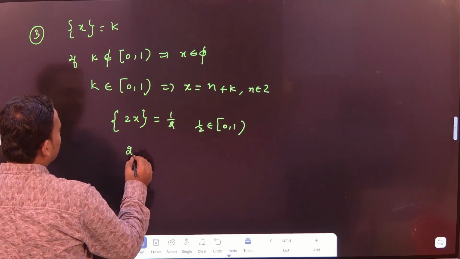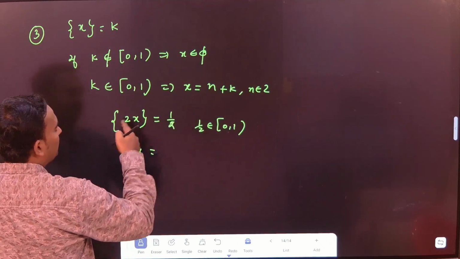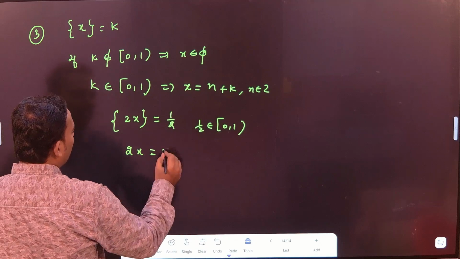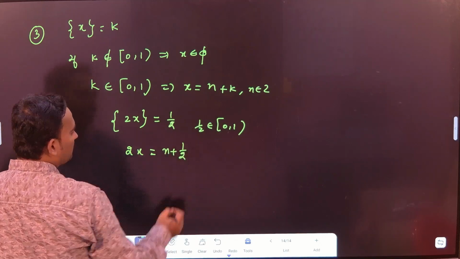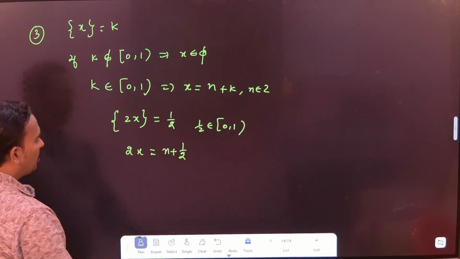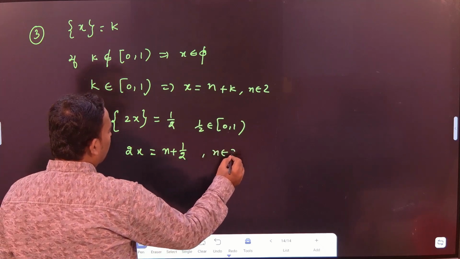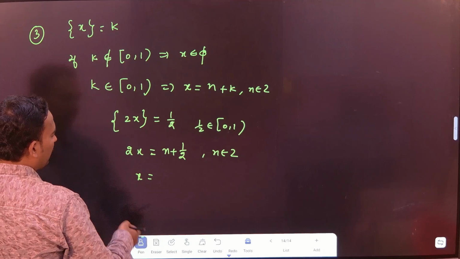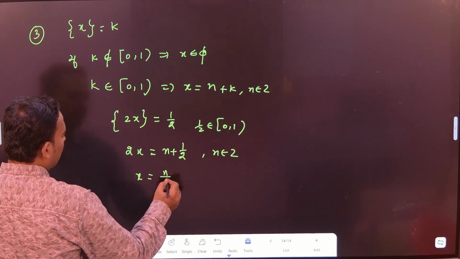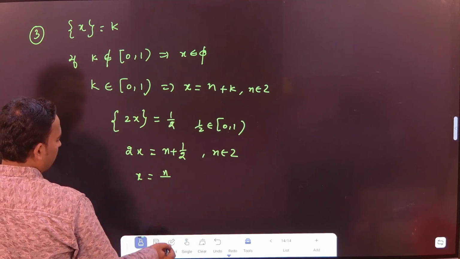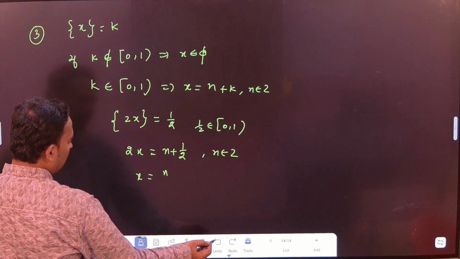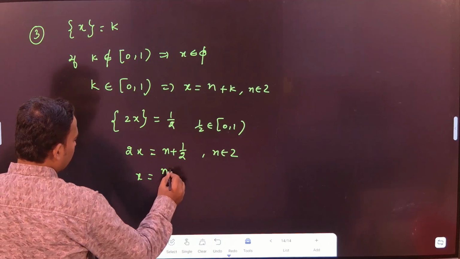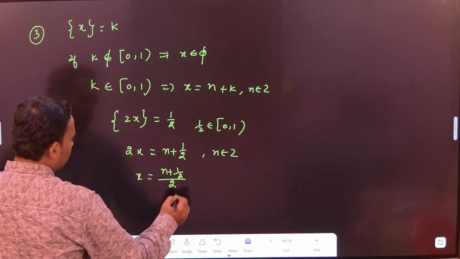What are the possibilities there? Instead of x, here 2x is there. 2x will be n plus 1 by 2. Understood? Here n belongs to integers. So what is x here? You have to divide it by 2. So n plus 1 by 2, you'll get, right?